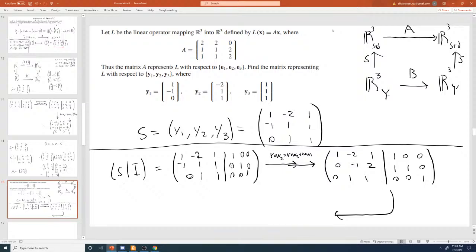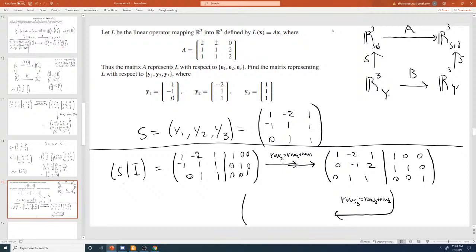The next thing I'm going to do is set, how about I add row 3, or how about I add row 2 to row 3. So I'm going to set row 3 equal to row 3 plus row 2.